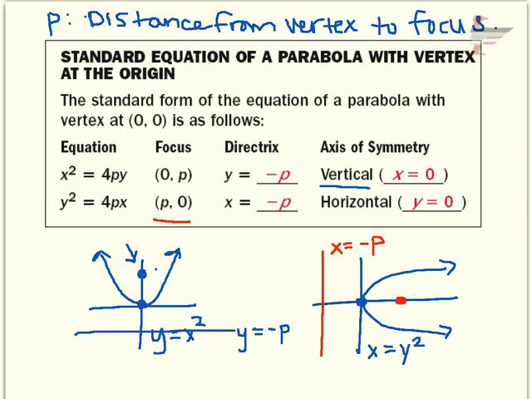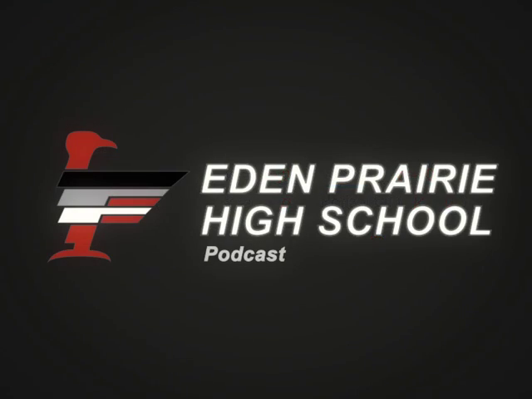And of course your axis of symmetry is horizontal because it's a horizontal parabola, so y equals 0. We're eventually going to shift these off the origin, so it's really good to have these formulas down, especially understanding what p tells you, not just how to find p: the distance from your vertex to your focus.